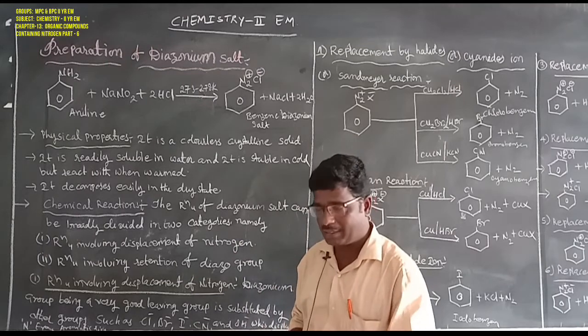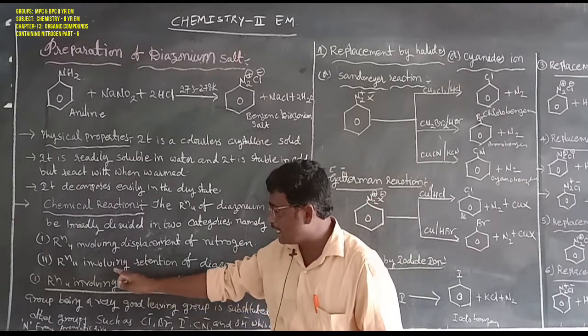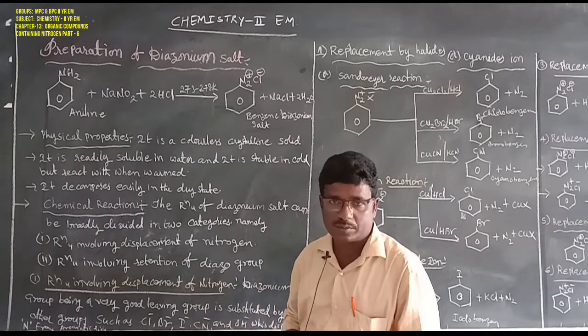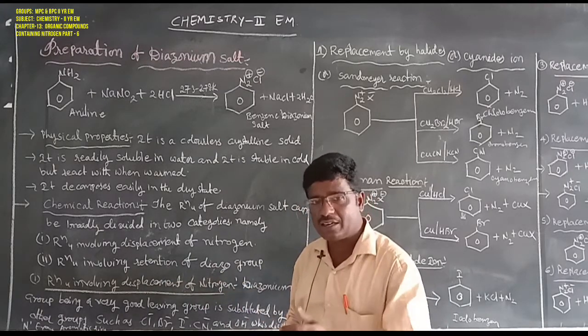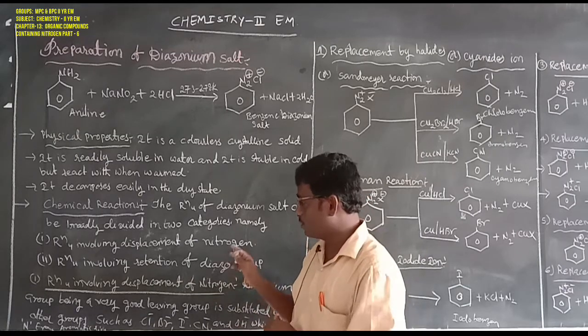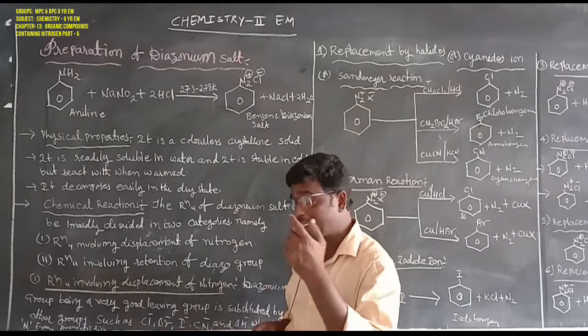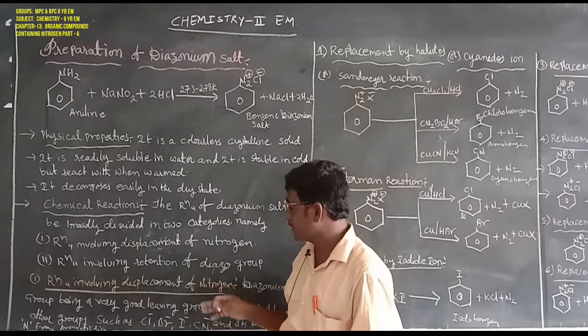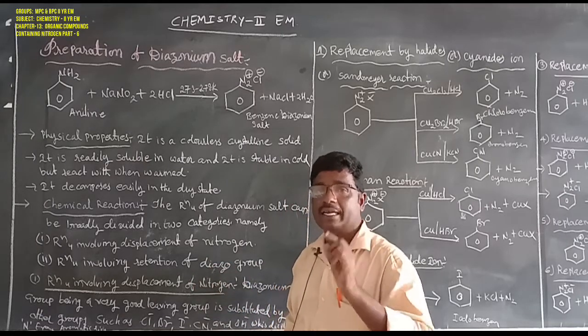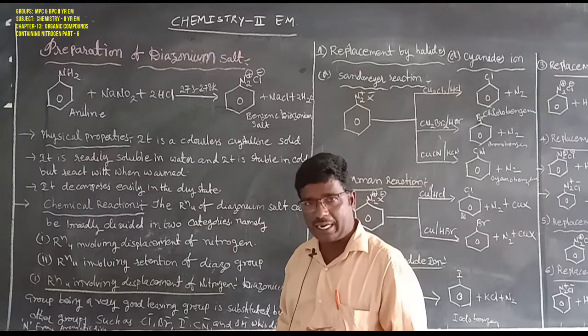That is the first chemical reaction. The second is the reaction involving retention of the diazo group. The first is replacement of the nitrogen atom, and the second is the reaction involving retention of the diazo group. These are the chemical reactions of the diazonium salt.